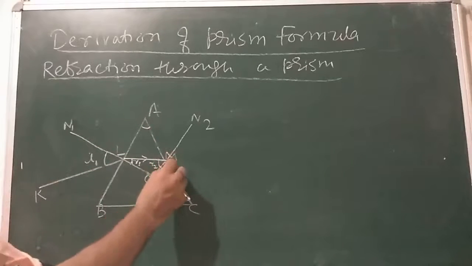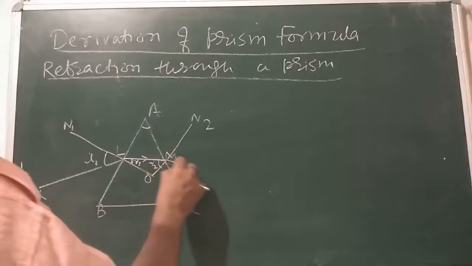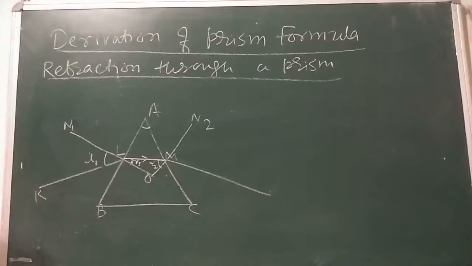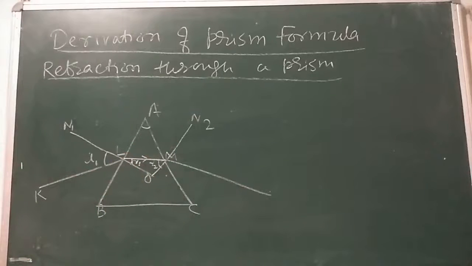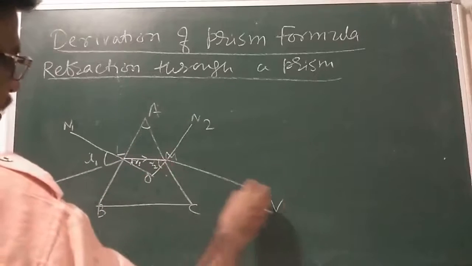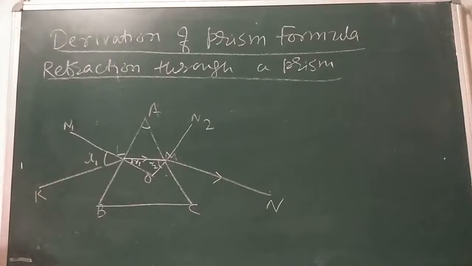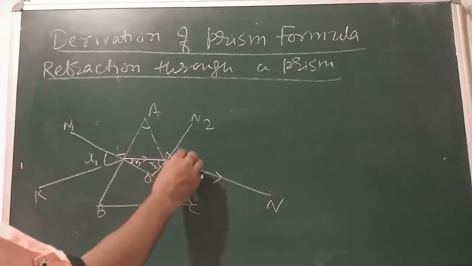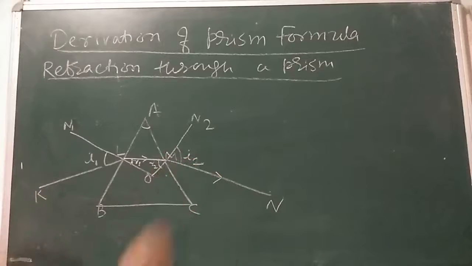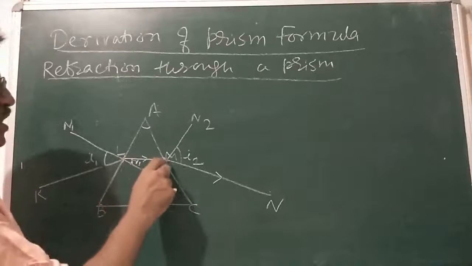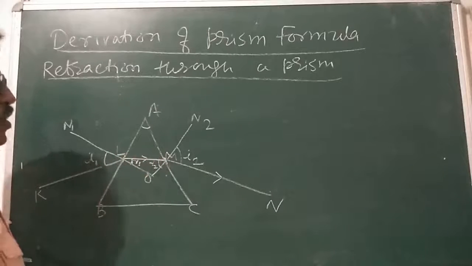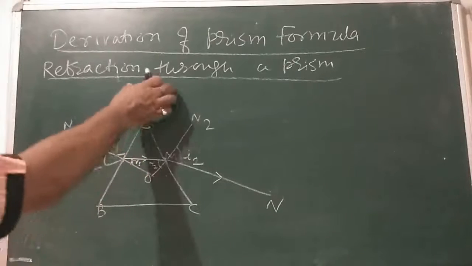Here it will bend away from the normal N2O because it is going from the denser to the rarer medium, and emerges along MN at an angle I2. So here we can see there are two refractions, at points L and M respectively. This is the refraction through a prism.